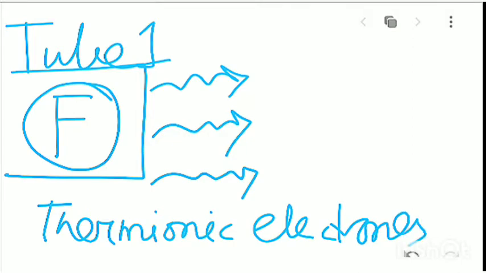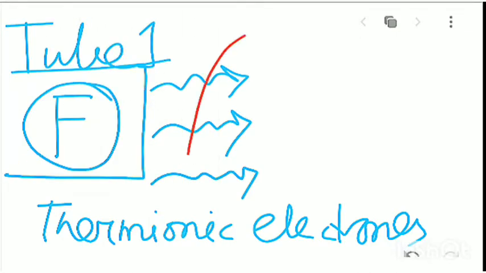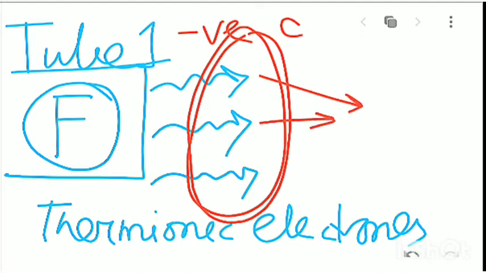And these thermionic electrons, when released, are kept inside a negatively charged molybdenum cylinder. This negatively charged molybdenum cylinder makes them pointed in a single direction.